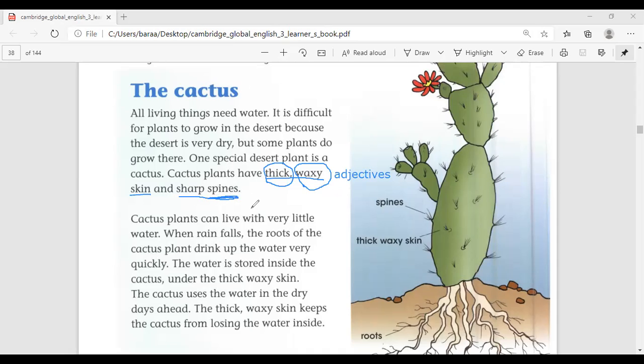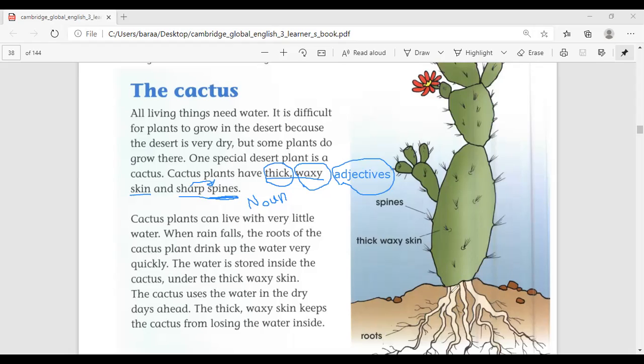Sharp is an adjective used to describe the spine, the same as thick and waxy. So the main parts, as we said, are spines, thick waxy skin, and roots, which come out underground.